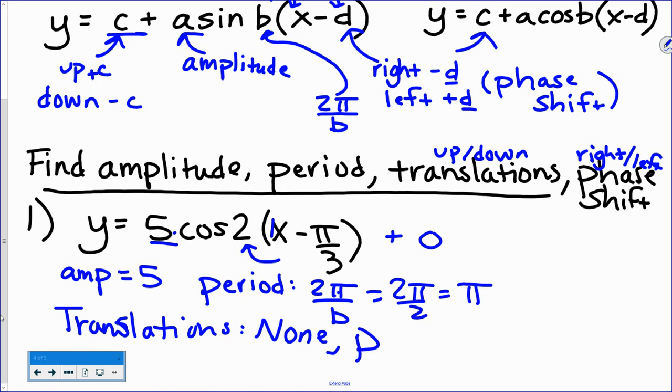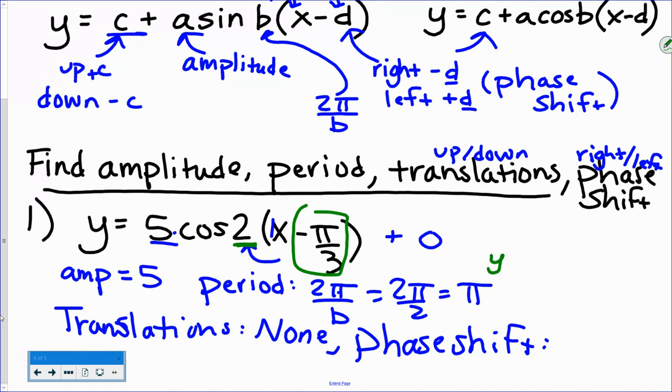Your phase shift, since our B is factored out, I just take a look right here. The minus means I'm going to move right, kind of like we did in Algebra 2 with quadratics. It's the opposite sign. If you remember doing things like x plus 3 squared minus 4, that means I moved left 3, down 4. It's the same exact concept as that. So my phase shift will be right pi over 3.